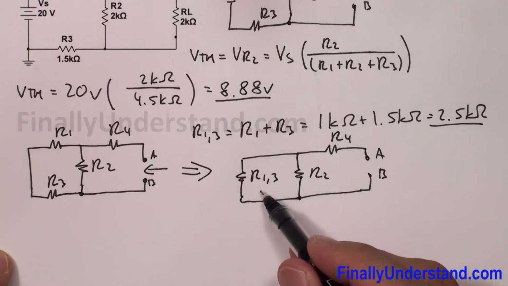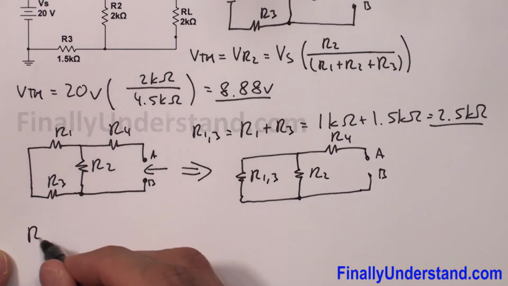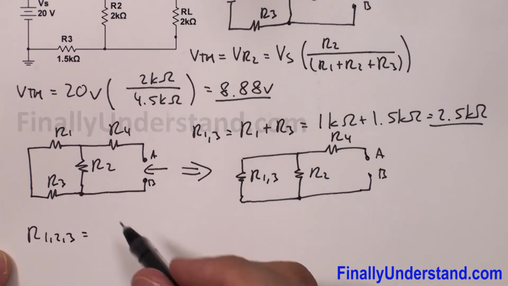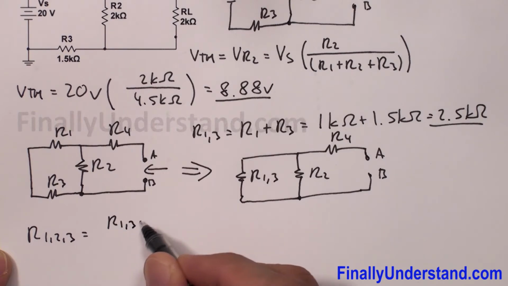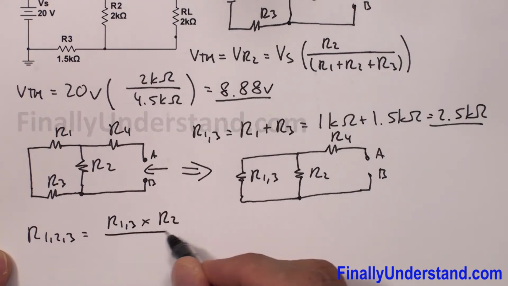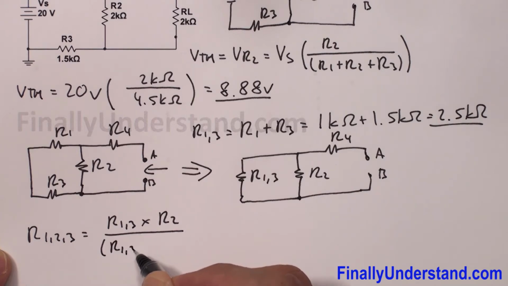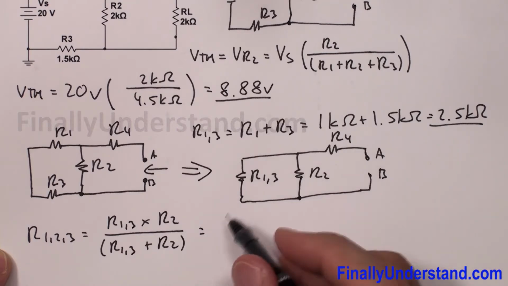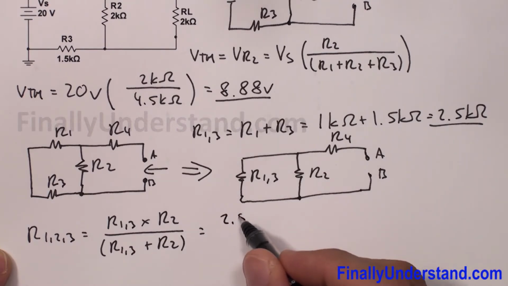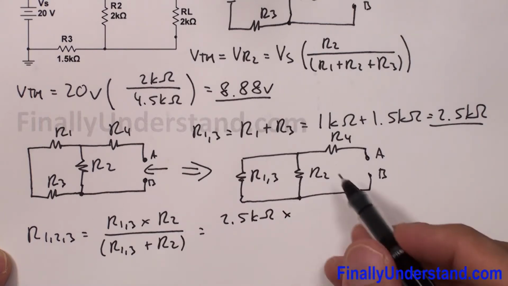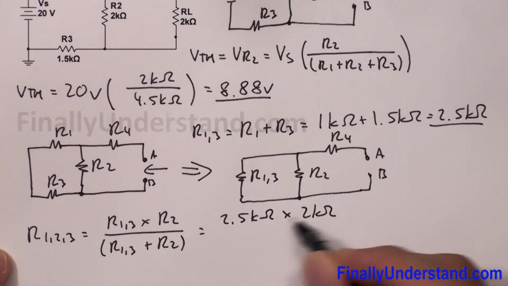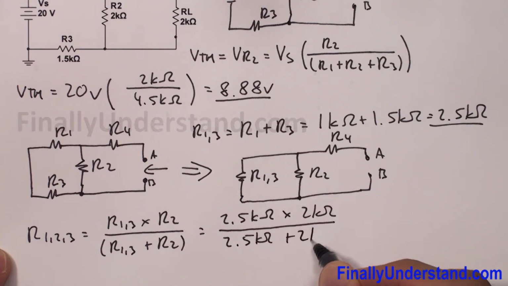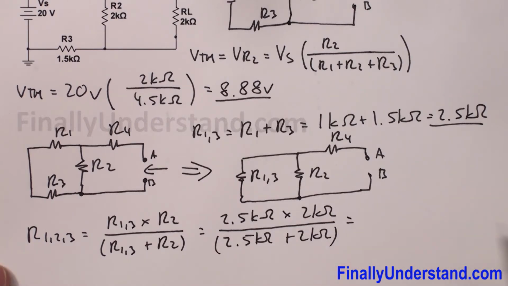So R1,2,3 is nothing else than R1,3 times R2 over R1,3 plus R2, where R1,3 we found is equal to 2.5 kilo ohms, times R2, which is 2 kilo ohms, over 2.5 kilo ohms plus 2 kilo ohms.